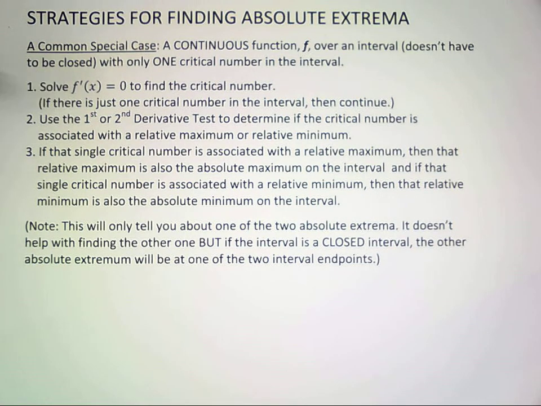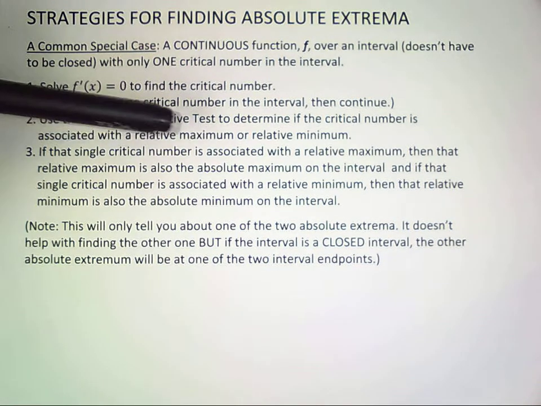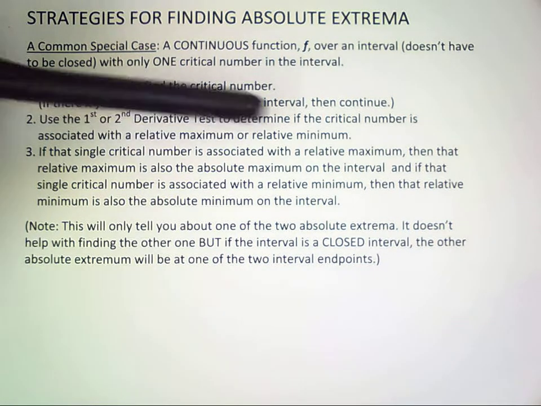But assuming you get past step 1 with only one critical number, then you'll go back to what you were doing when you were studying relative extrema and use either the first or second derivative test to figure out if that critical number is associated with a relative maximum or a relative minimum.